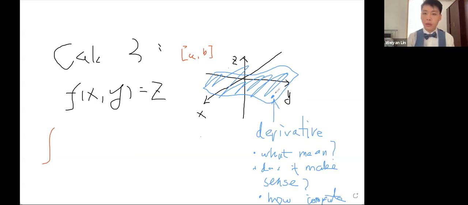Let's say we bound the region here, right? So this is your area A. Okay, so we will be talking about how to integrate on this particular region under f(x,y).